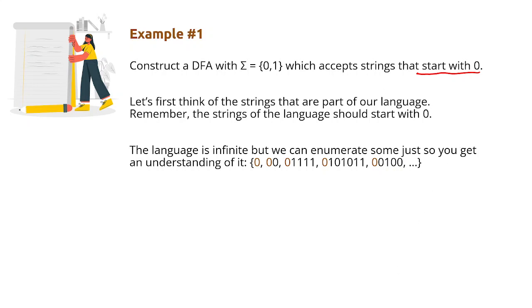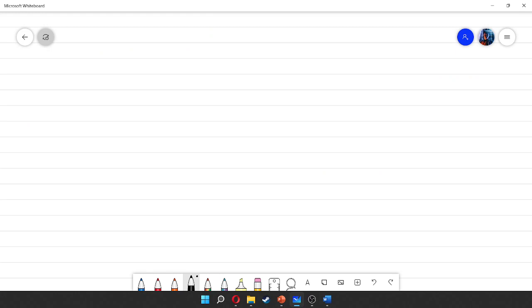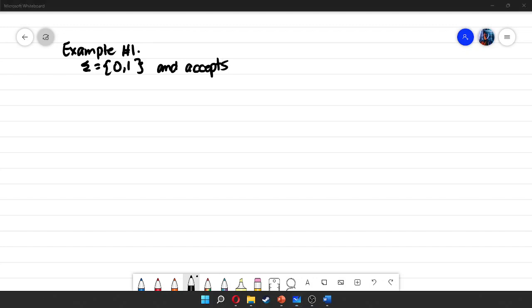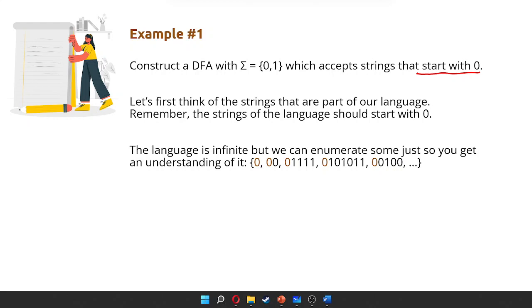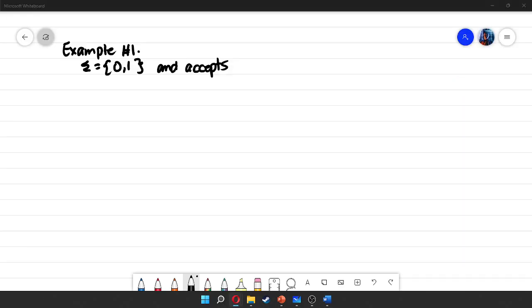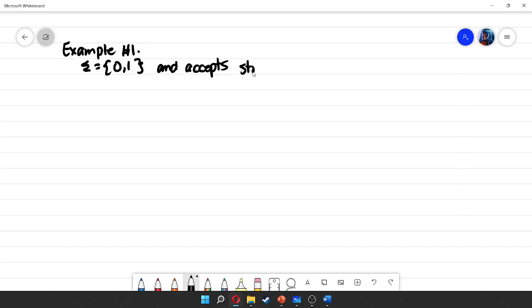We'll try to draw. Example number 1. Sigma is equal to {0, 1} and accept strings starting with 0.